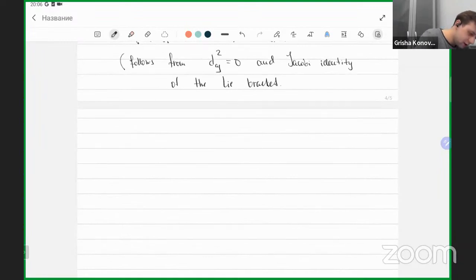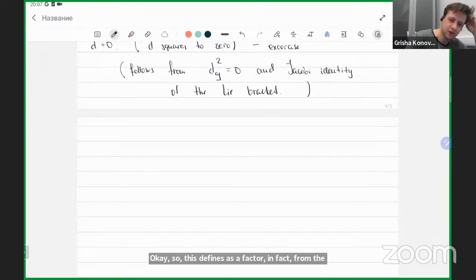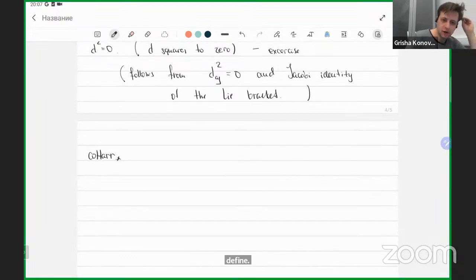Okay, so this defines a functor, in fact, from the category of differential graded Lie algebras to the category of co-nilpotent cocommutative coalgebras. And it has a left adjoint, which now I'm going to define. I would like to call it cohar.